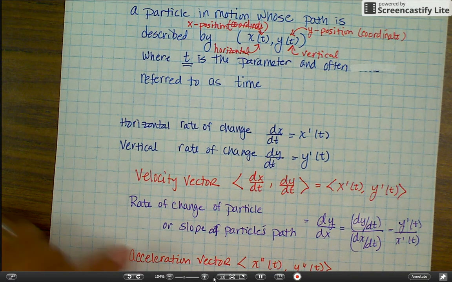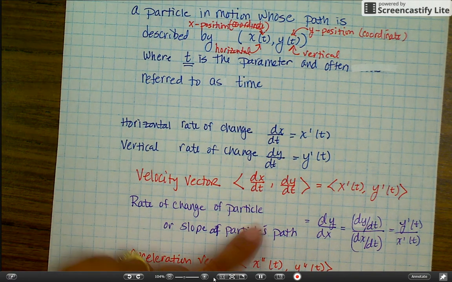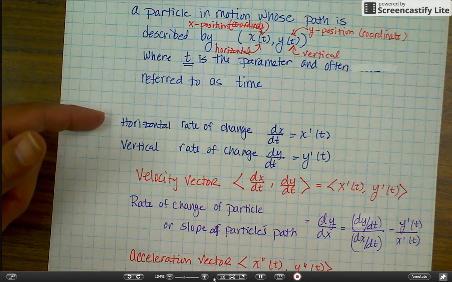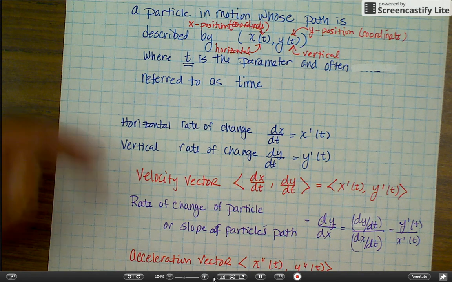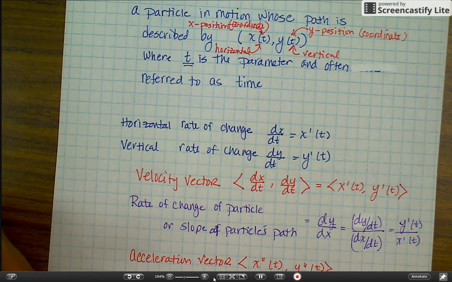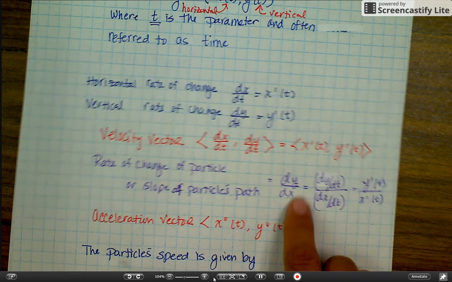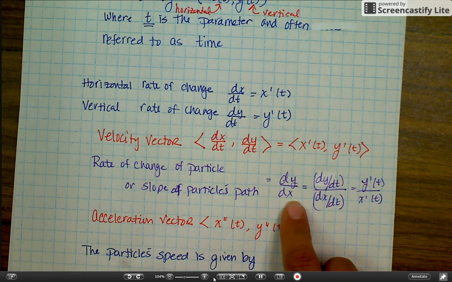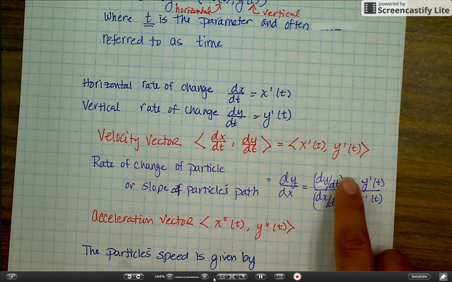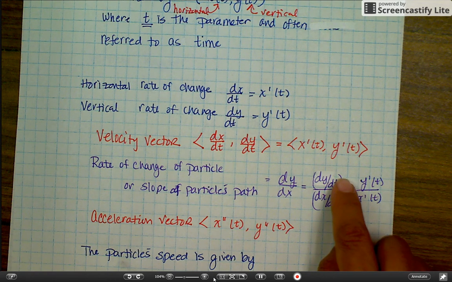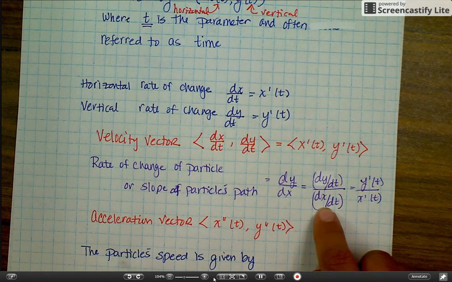And if they ask you for the rate of change of the particle, not specifically the horizontal, not specifically the vertical, but the particle, the whole particle itself, or the slope of the particle, that would be your dy dx, which is what we're used to. And that is also written as dy dt divided by dx dt.